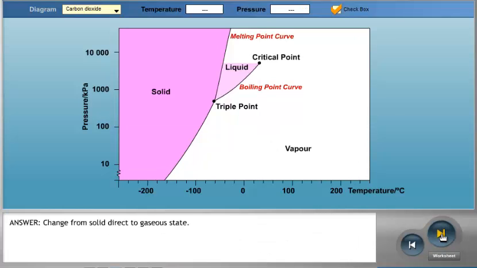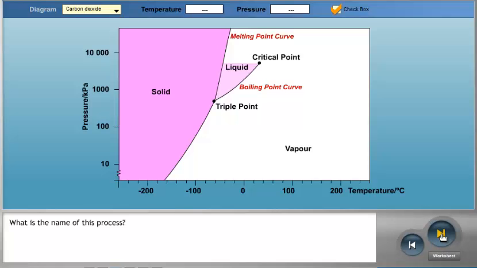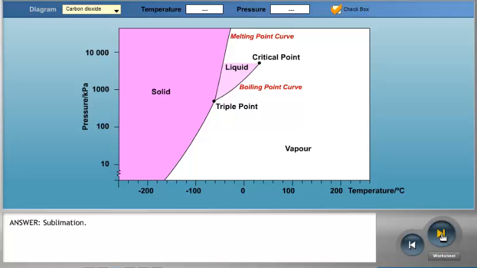Answer: change from solid direct to gaseous state. What is the name of this process? Answer: sublimation.